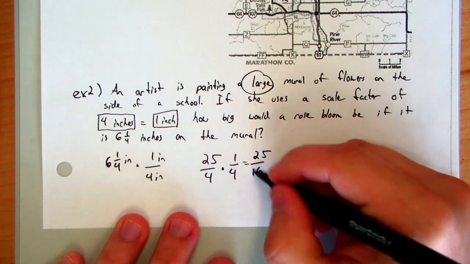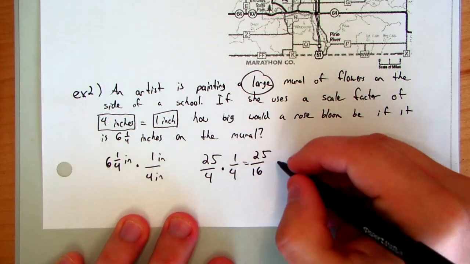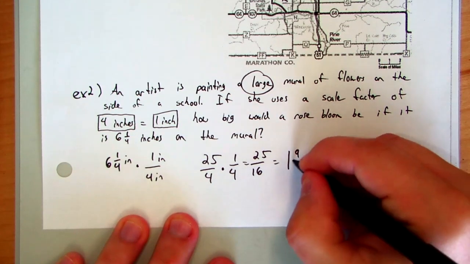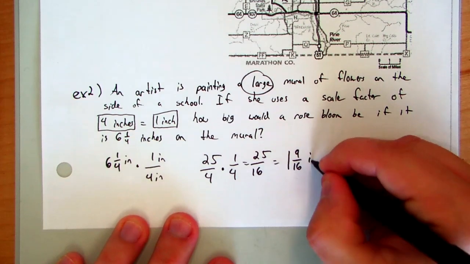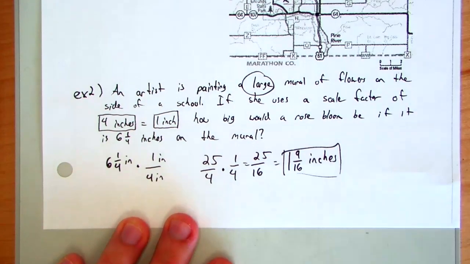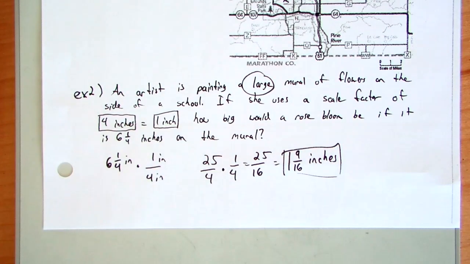I want to simplify now. So 16 can go into 25 just once, with 9 left over. So this is how big a rose bloom would actually be if it was 6 1/4 inches on the mural.